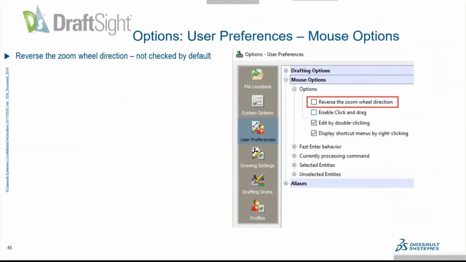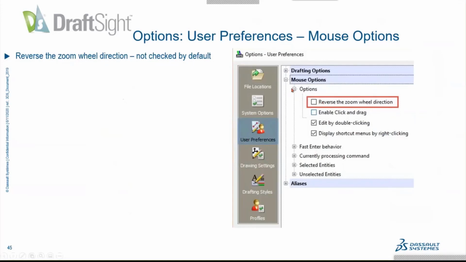So if your SolidWorks checkbox for the reverse zoom wheel is not checked, and you want to make it the same in DraftSight, you would want to check this one. I want to be clear on this: the one in SolidWorks, when I check it, makes it like default AutoCAD, which is this button not checked in DraftSight.